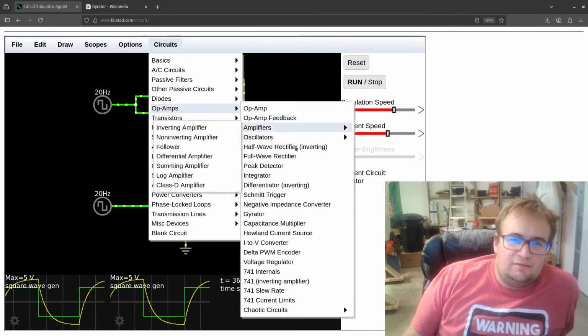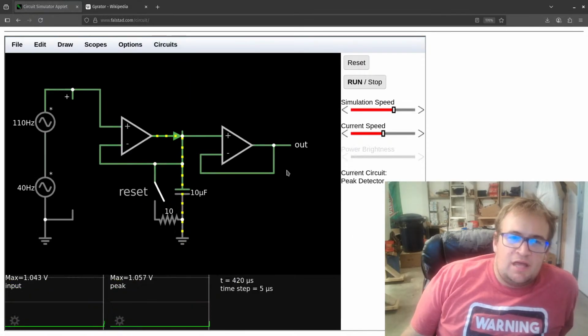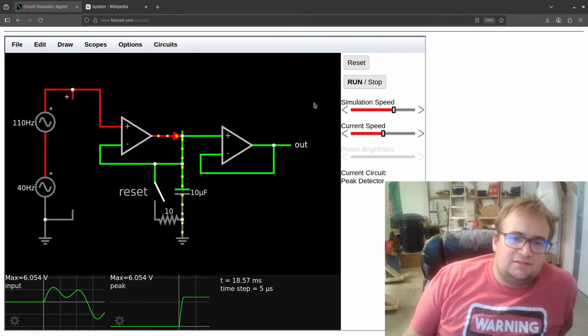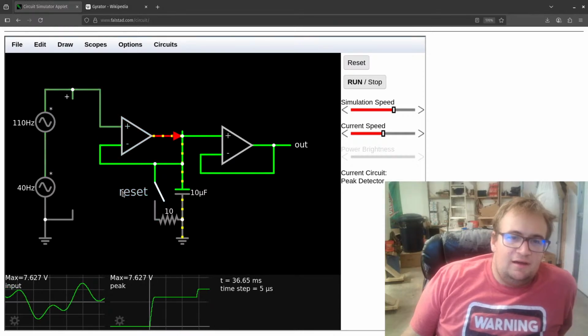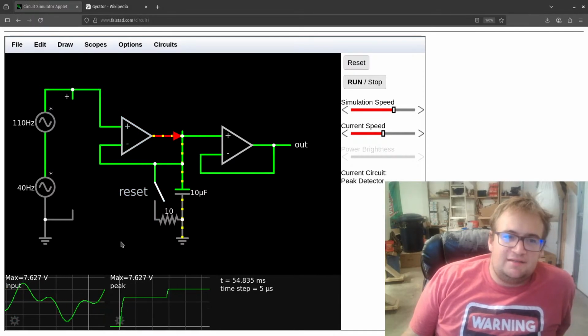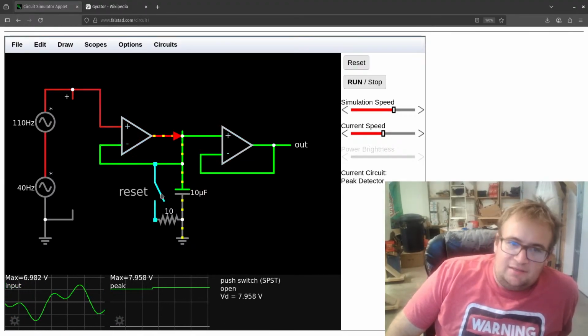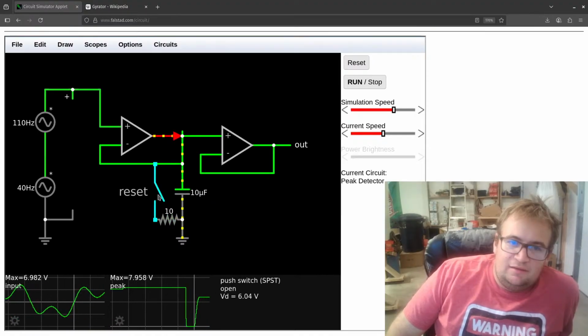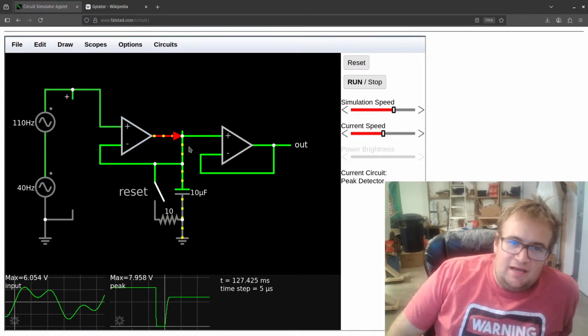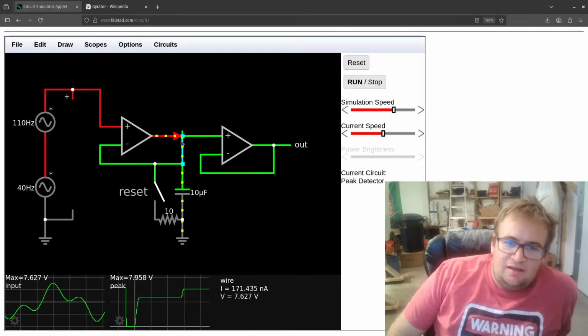Let's go back to op amps. And here, I'll do a peak detector one just because they are cool. So a peak detector basically detects a peak, and so if I go here, now it's detected a peak.